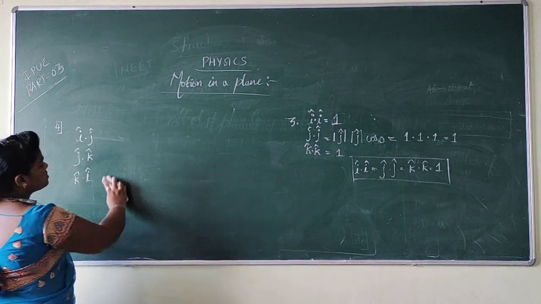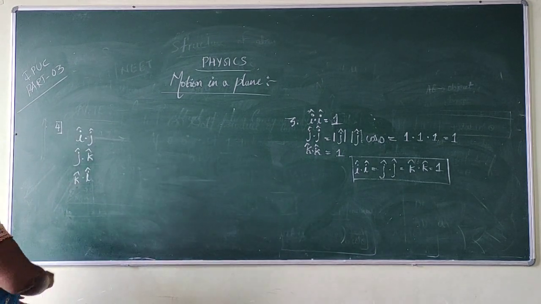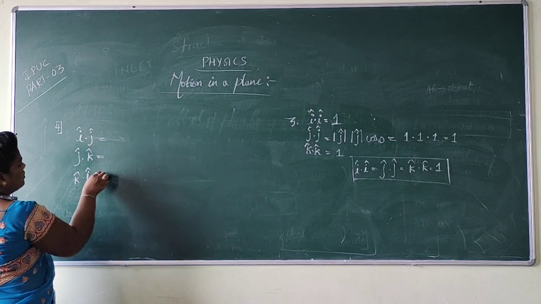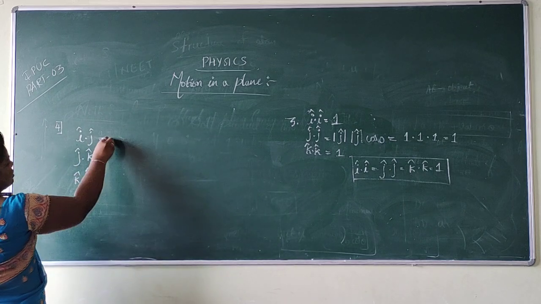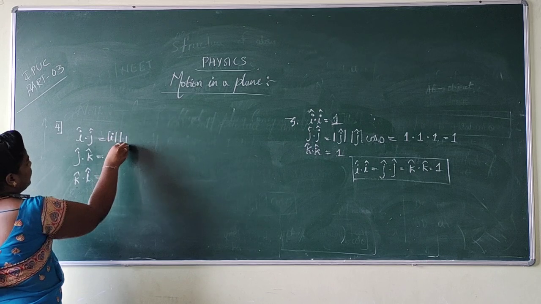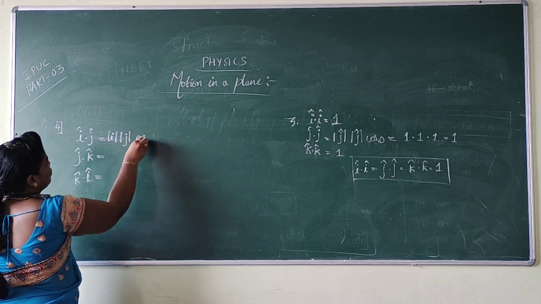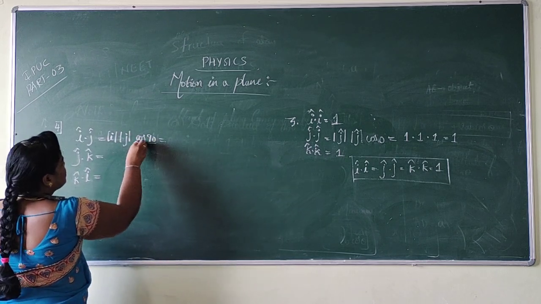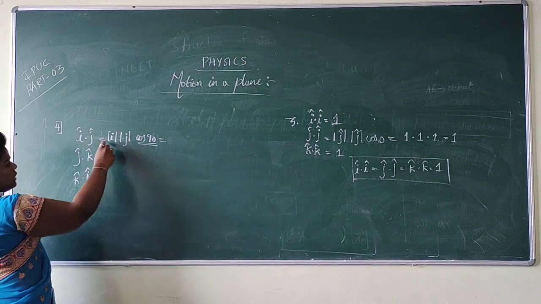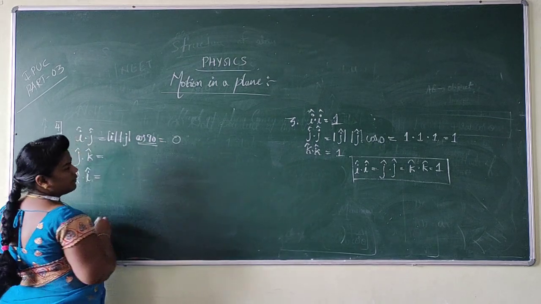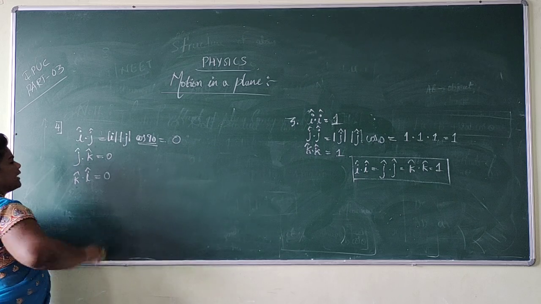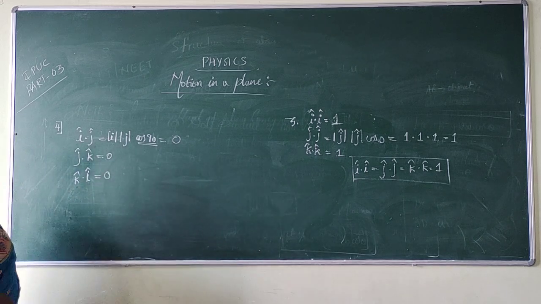If we consider this product, what happens here? The angle between them is equal to 90 degree, right? So now it can be written as magnitude of i into magnitude of j into cos 90, whereas cos 90 is equal to 0. So 0 into anything becomes 0 itself. Similarly, j dot k and k dot i are equal to 0.